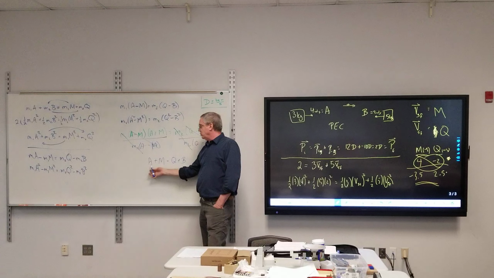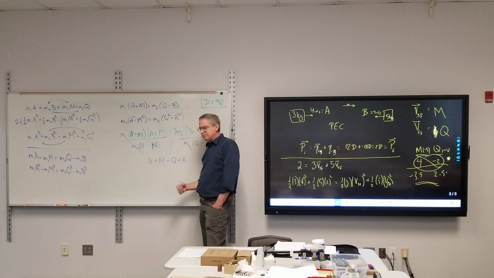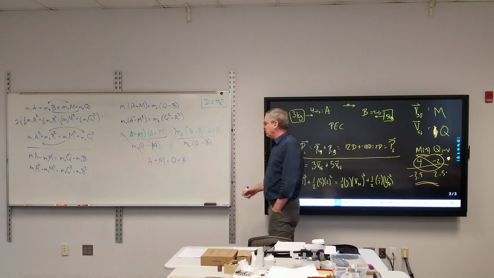This is the initial and final velocities of mass 1, the initial and final velocities of mass 2. I guess final and initial. I'm going to change the order around slightly to go for a more traditional look.